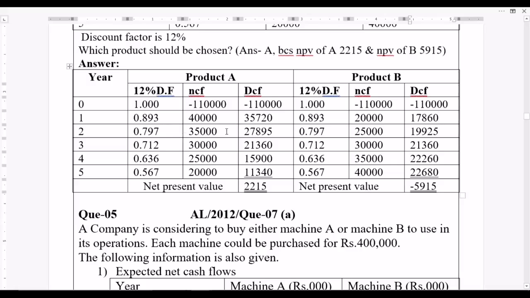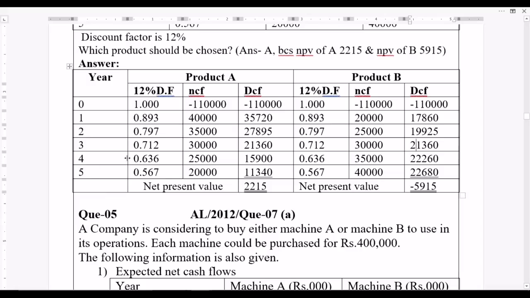In the second year, the discount factor is given. This is the cash inflow and the net present value is 27,895. In the case of product B, this is the cash inflow and the net present value is 19,925. At the end of the third year, this is the cash inflow, so this is the net present value. For product B, this is the cash inflow, so this is the net present value.